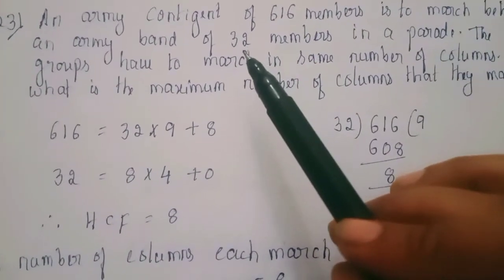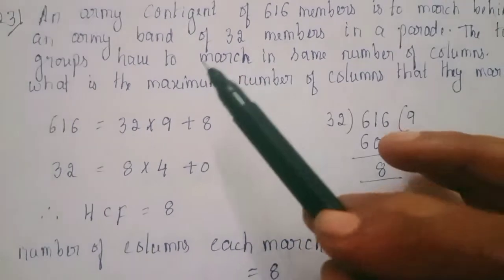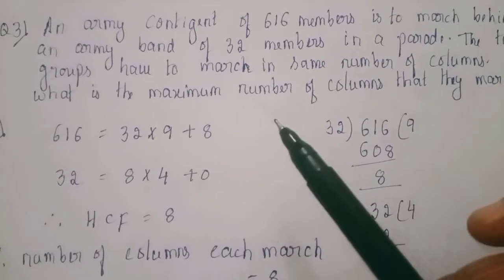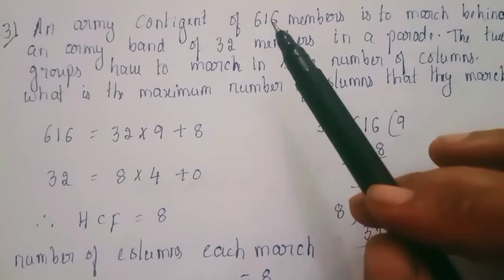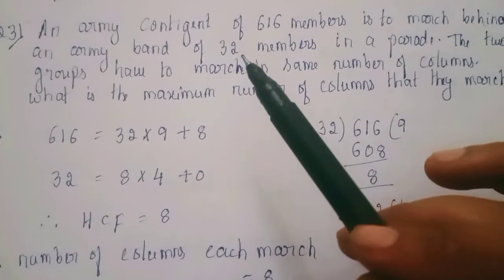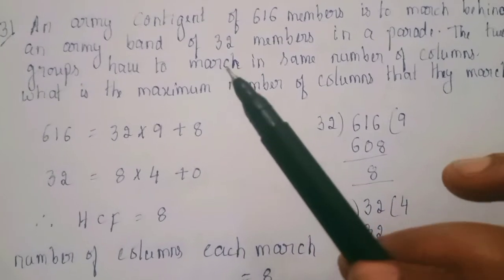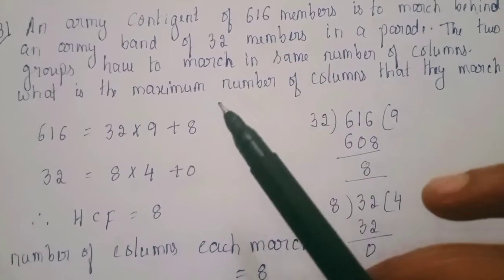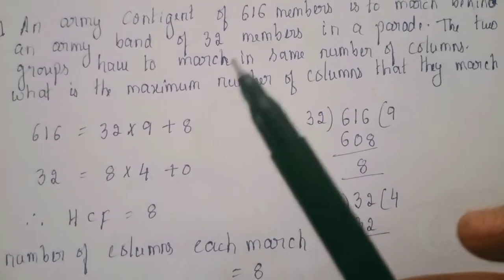Similarly, we have to separate these 32 members into different columns. Means here there is a concept of separation, and whatever answer we get will be less than 616 or 32. You already learned in earlier classes that HCF is always smaller than LCM. So keeping that in mind, we can conclude that this question is related to HCF.